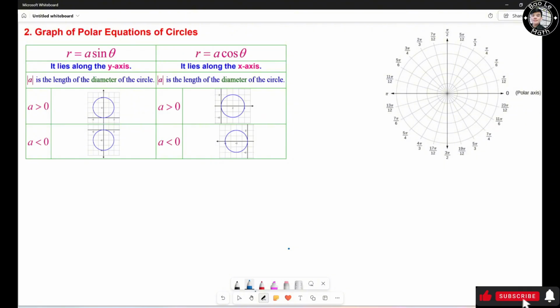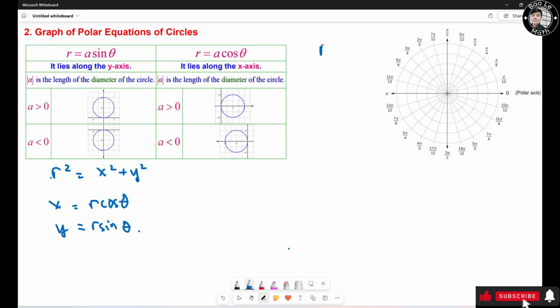Now, we learned before that r squared equals x squared plus y squared, and we have x equals r cosine theta and y equals r sine theta. So keep this in mind.